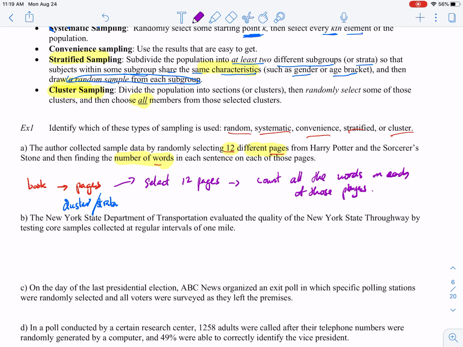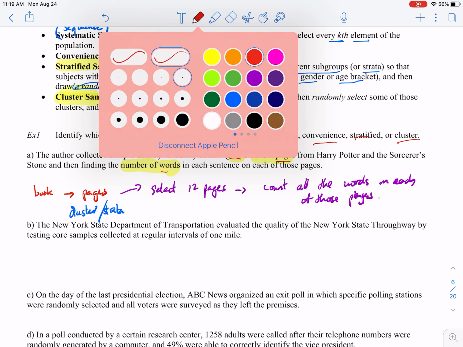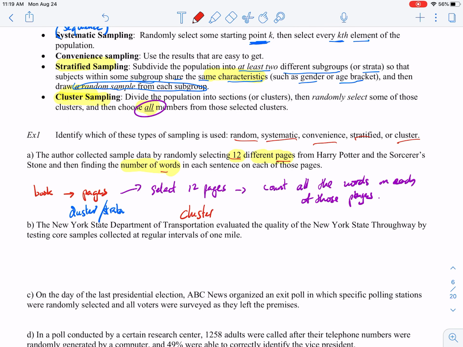So I'm going to say this method is cluster sampling, where the clusters are the pages we're looking at.